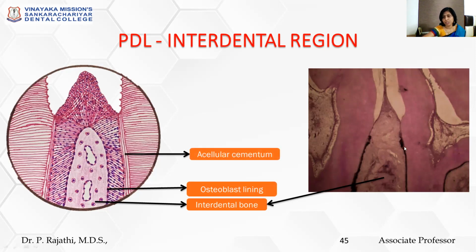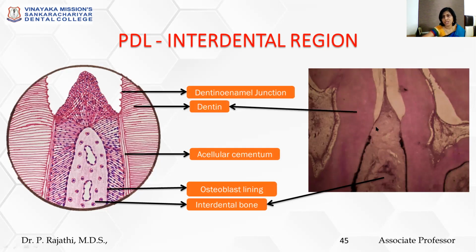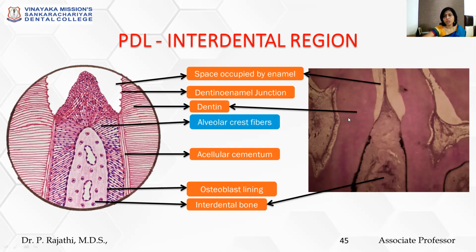acellular cementum. Here you can see cementum. Next is the dentino-enamel junction. Here, because it's a lower magnification, it's not that clearly appreciated. And this is the dentin region. This is the space occupied by enamel. And alveolar crest fibers. Because it's a lower view, it's not that clear. The orientation is not clear, that's why I have not marked it.